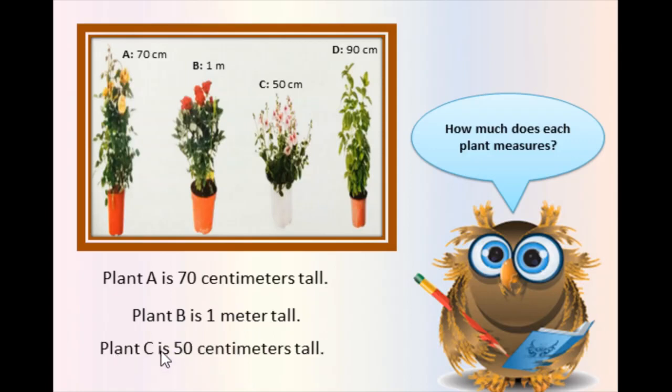Plant C is 50 centimeters tall. Alright, good job. And lastly, plant D is 90 centimeters tall. These are the appropriate measurements of each plant.